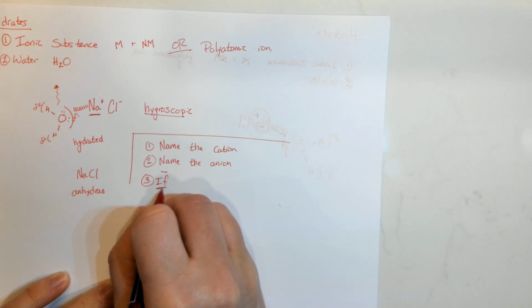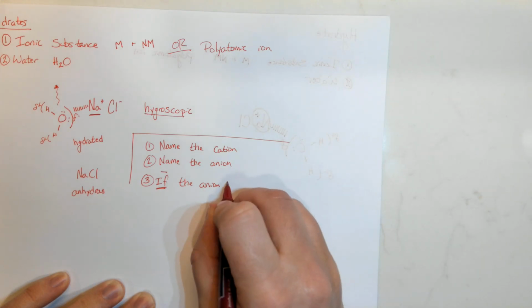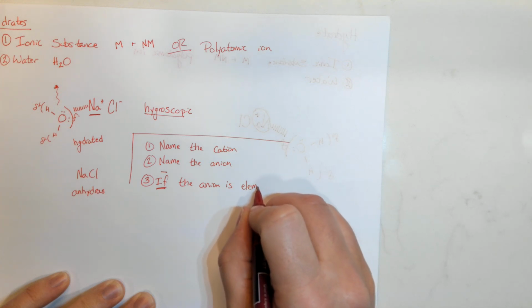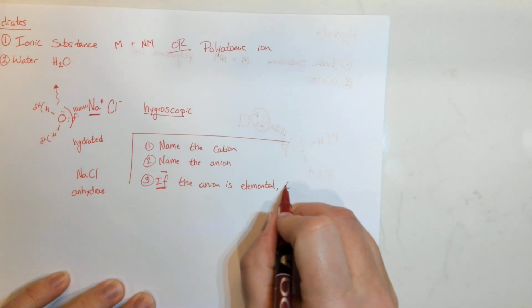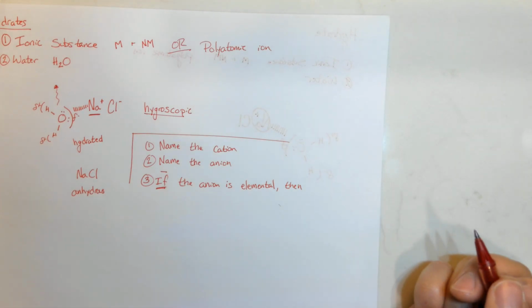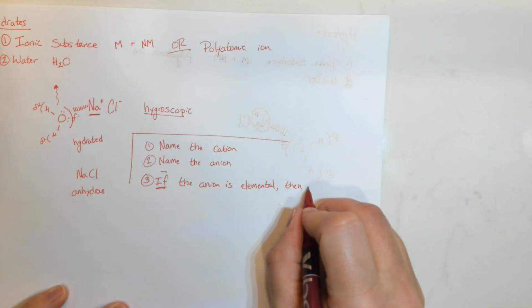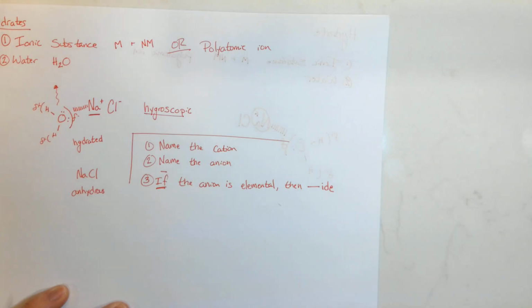If the anion is elemental, that is to say it's an element, then what do we do? Hopefully you remember. We change the ending to IDE.